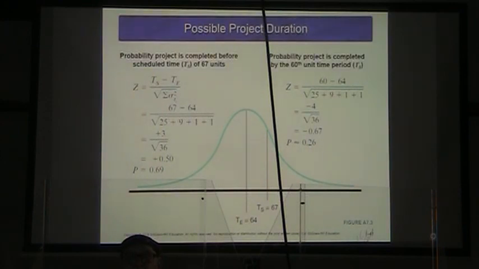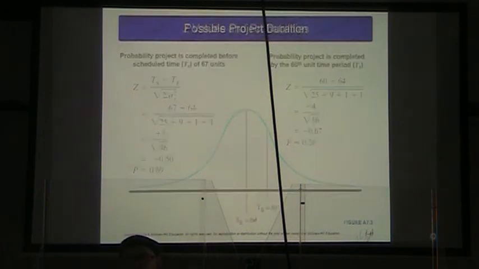And so they have figured out the Z formula from our time of starting minus our time of ending divided by the variance, and so we get a probability.